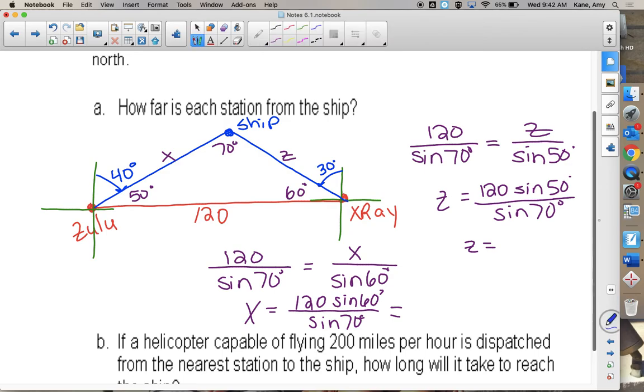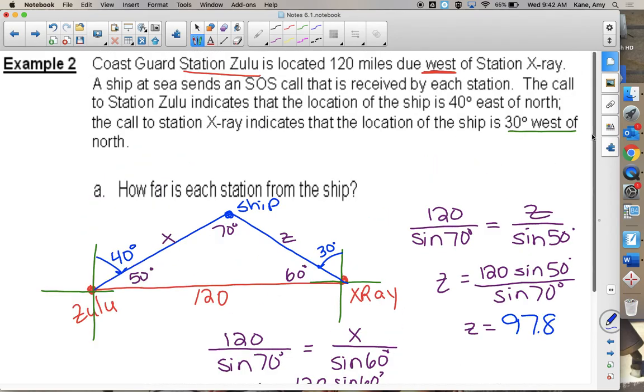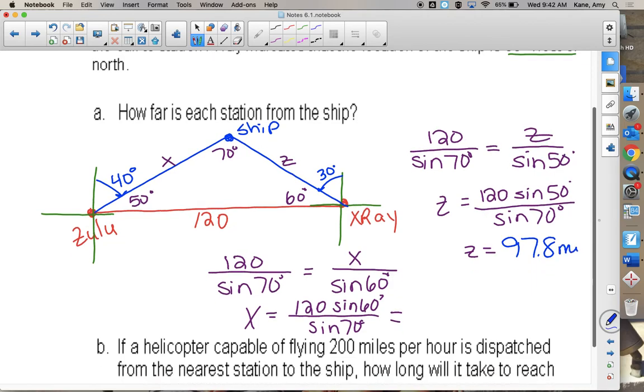Anybody have Z or X? And Emma, what do you have? Z is 97.8. Is this in feet or miles? Miles. So Z is 97.8.